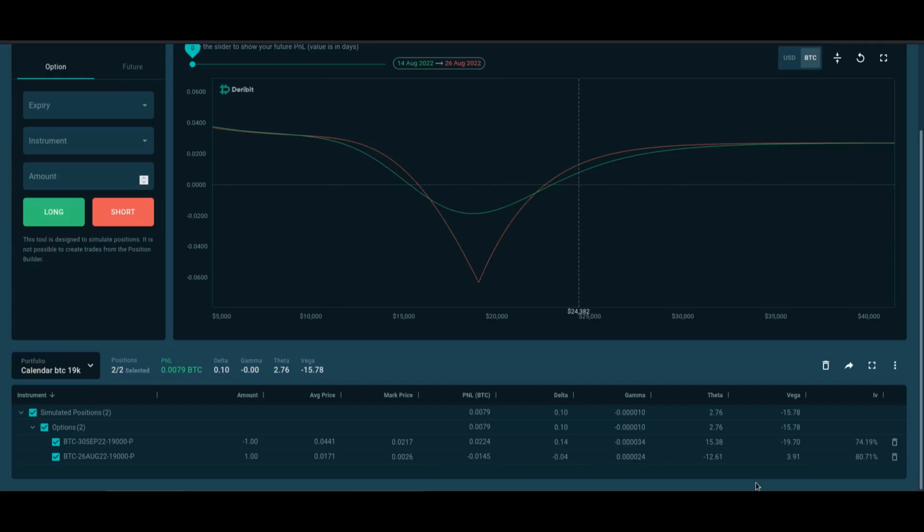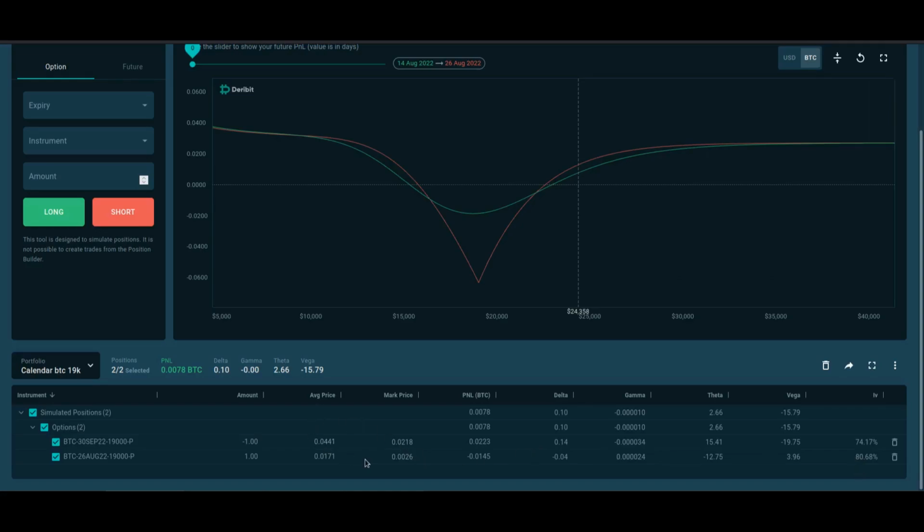So in case implied volatility, like here for the 26 August expiration date, is 80%, but historical volatility is, for example, 60%, we can suppose that our current volatility will decrease until our expiration date to 60% or so.